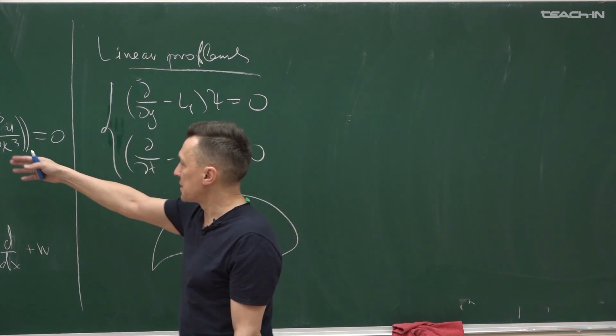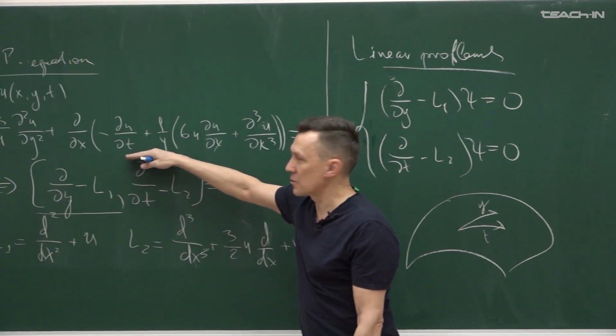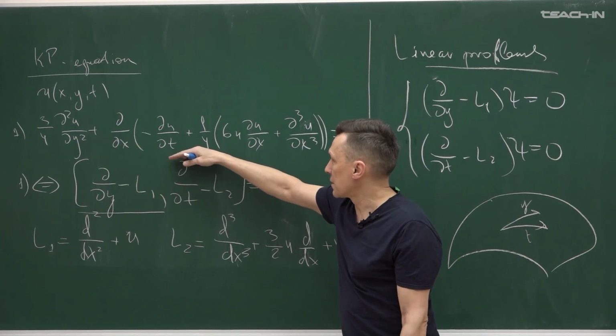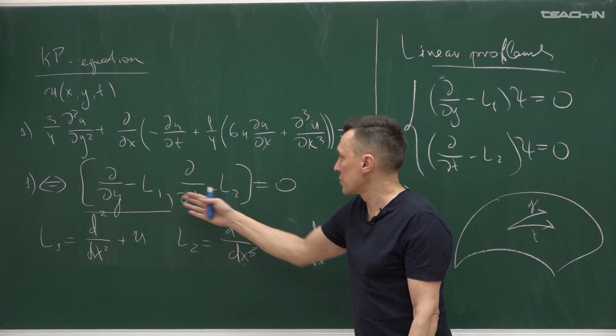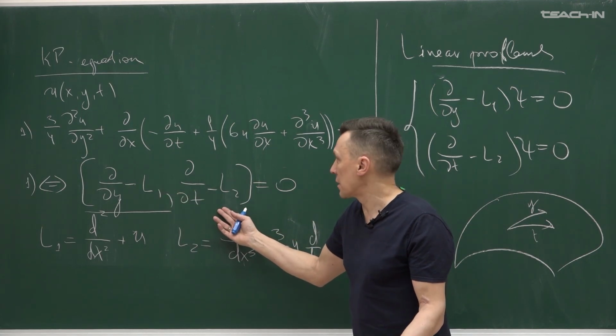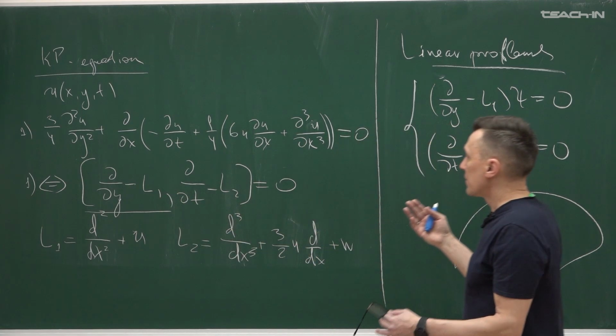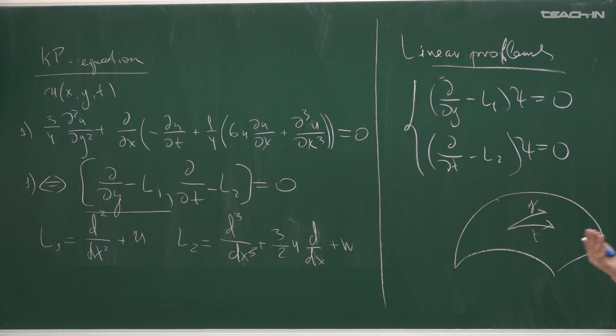So this interpretation of this nonlinear partial differential equation in terms of the consistency of two linear problems was crucial in the inverse scattering method in field theoretical integrable systems.